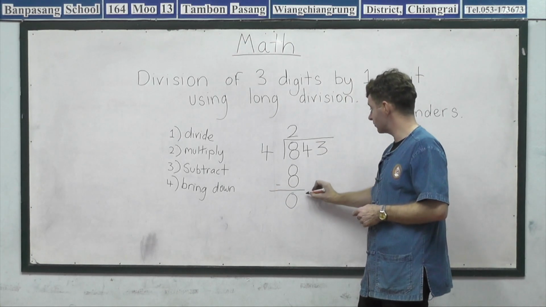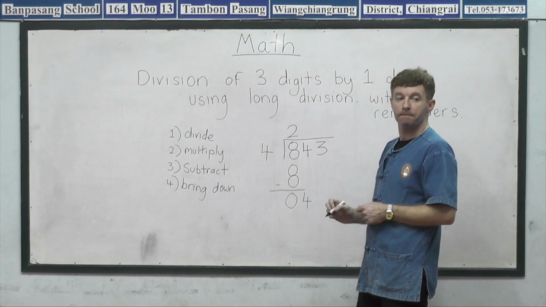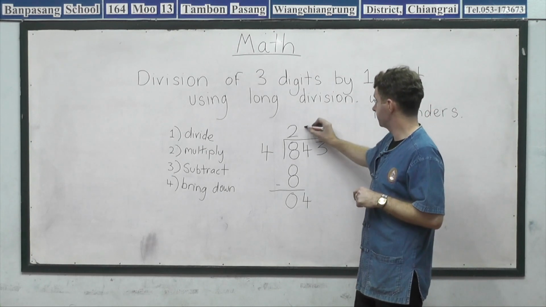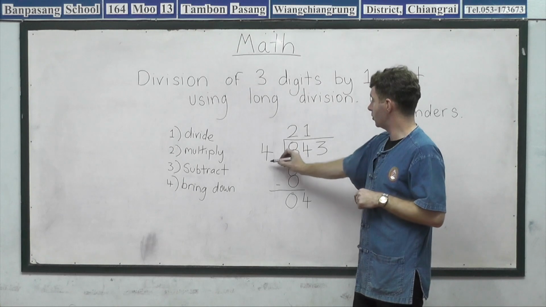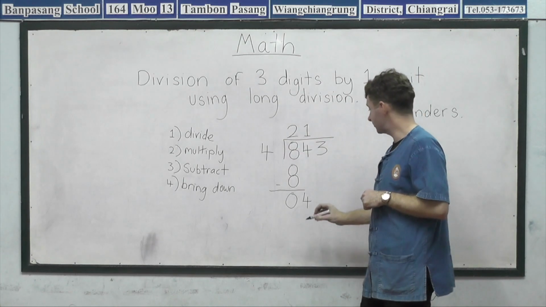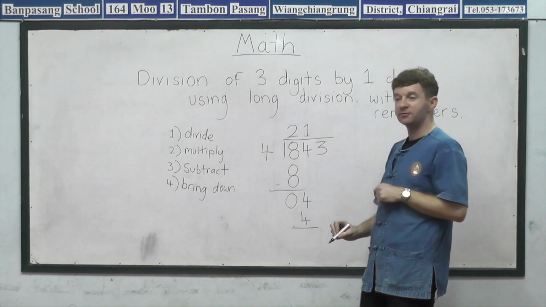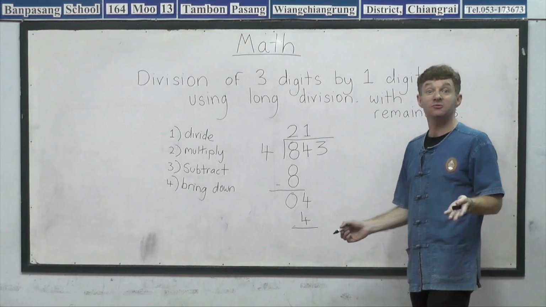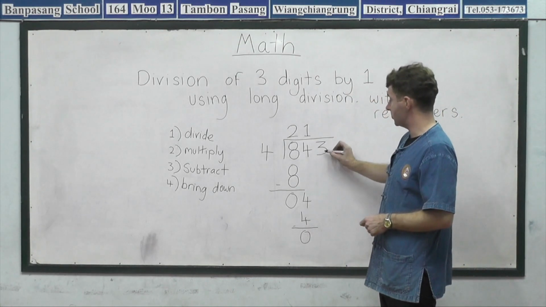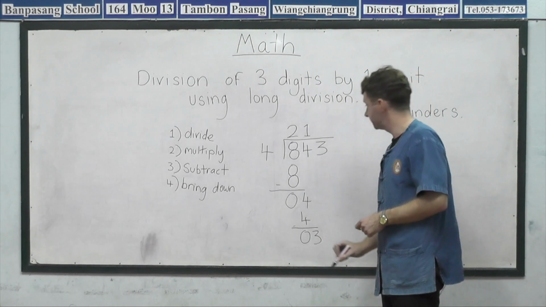So let's bring down 4 to here. 4 divided by 4 is 1. 4 times 1 equals 4. Subtract. 4 minus 4 equals 0. So once again, we know we're ready for our next number. 3. Let's bring down number 3.